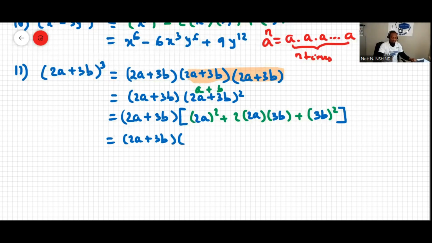That makes 8a squared plus 12ab plus 9b squared.